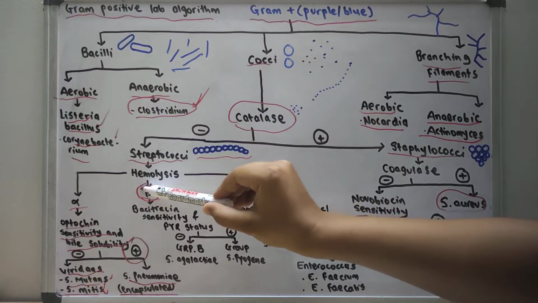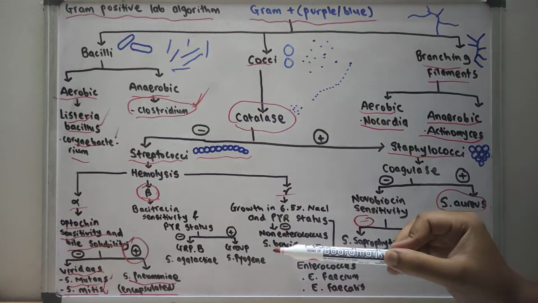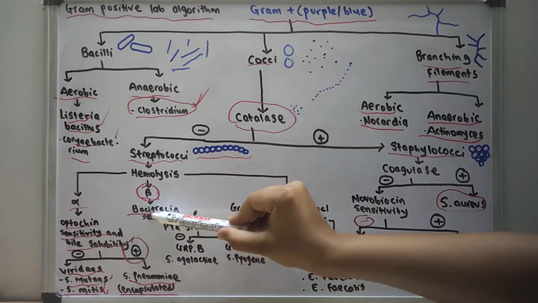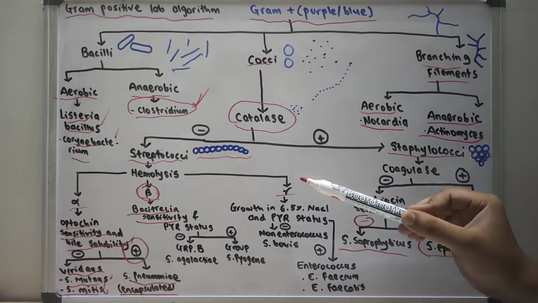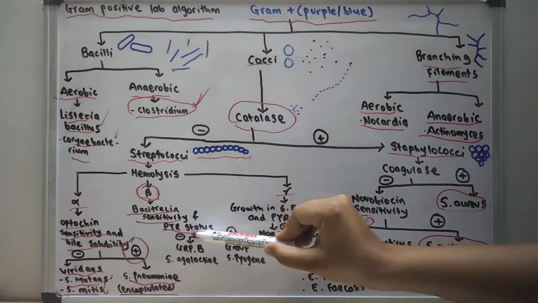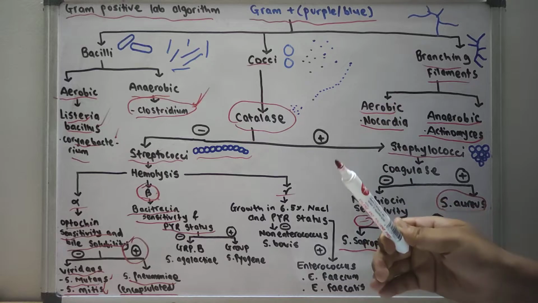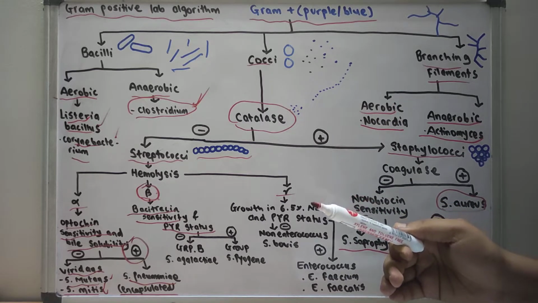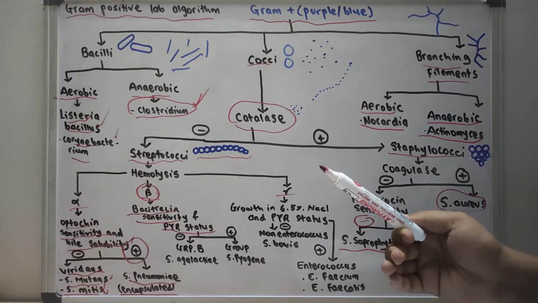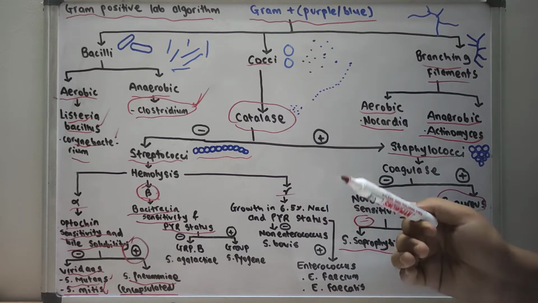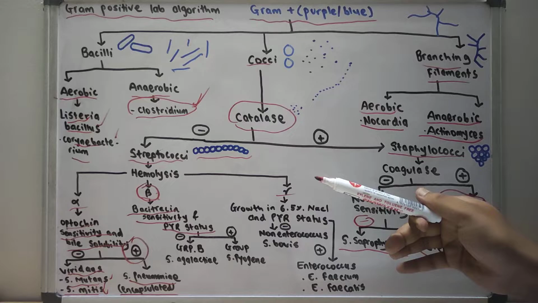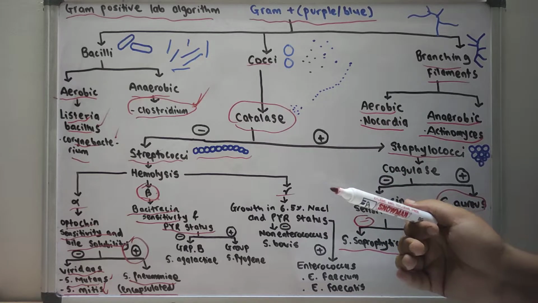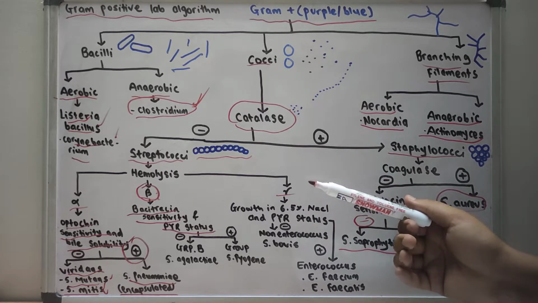The beta hemolytic bacteria are again divided by bacitracin sensitivity and PYR status. The PYR status denotes the property of the streptococci to enzymatically hydrolyze L-pyrrolidonyl beta-naphthylamide, that is PYR.